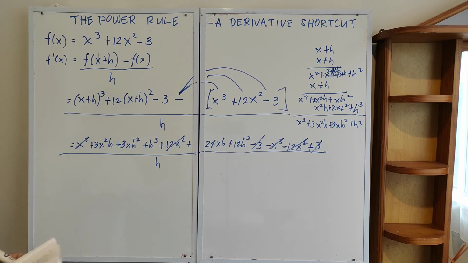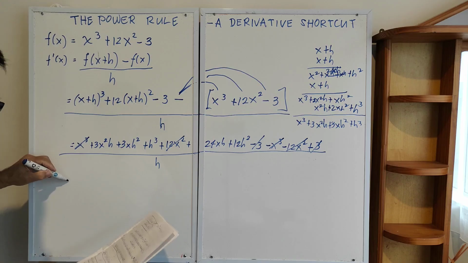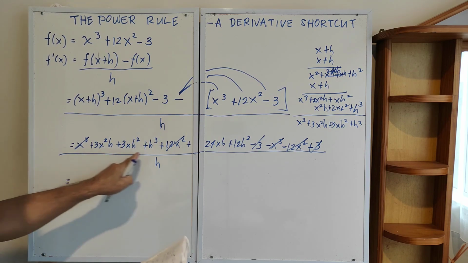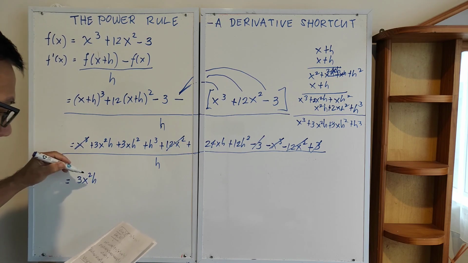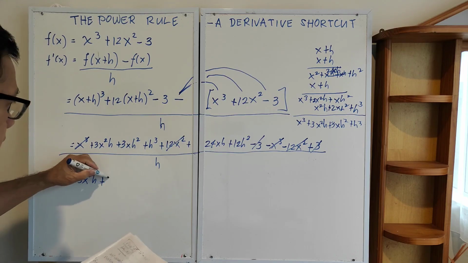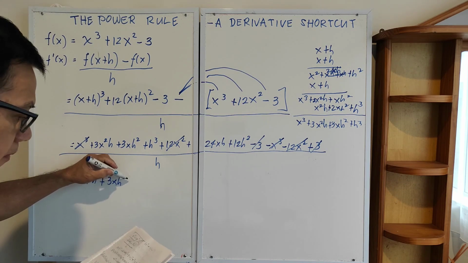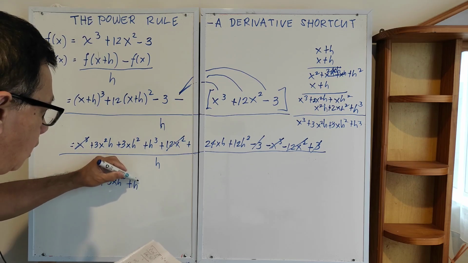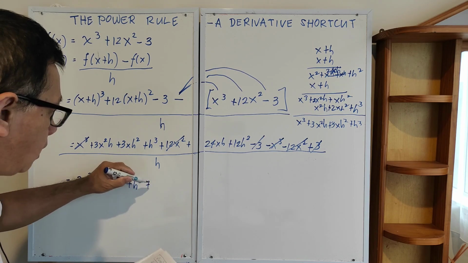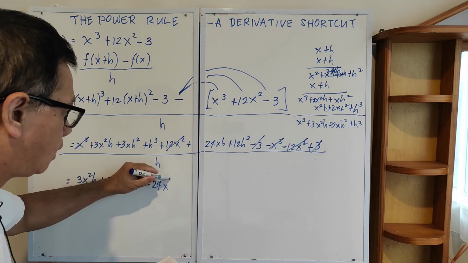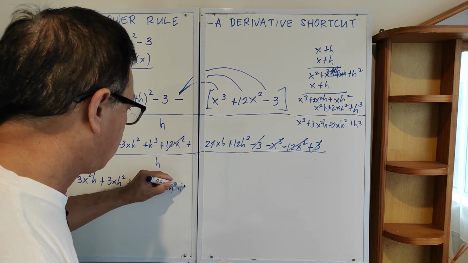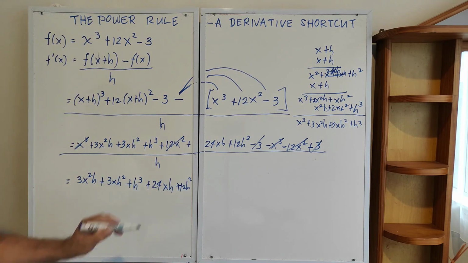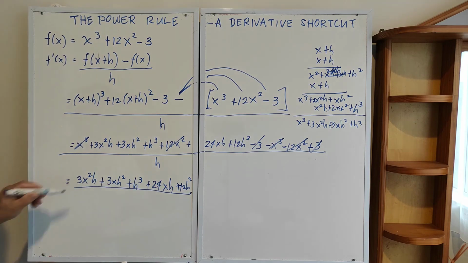And that's it. So if we rewrite only the ones that are left: 3x squared h plus 3xh squared plus h cubed plus 24xh plus 12h squared. Please bear with me, we will be doing a shortcut of this one.